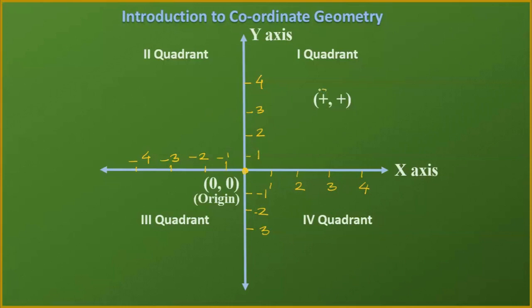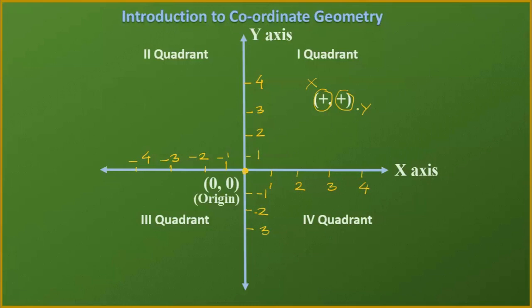Remember, the first sign shows the x coordinate, while the second one shows the y coordinate. So you need to write down the coordinate in the same manner: x and y coordinate, meaning the horizontal and the vertical distance, as I have taken in the previous question. As you have seen, I have taken (4, 3), where 4 shows the horizontal distance while 3 shows the vertical distance. So 4 is my x coordinate while 3 is my y coordinate.